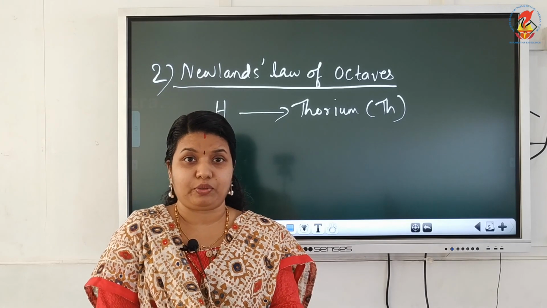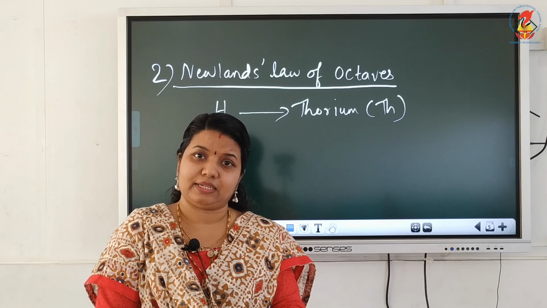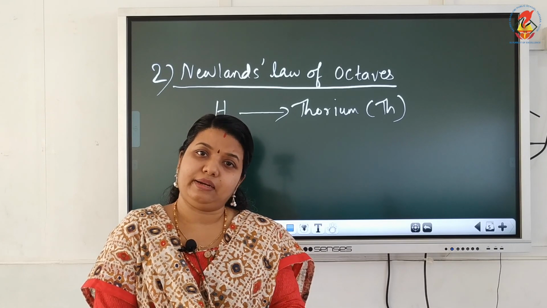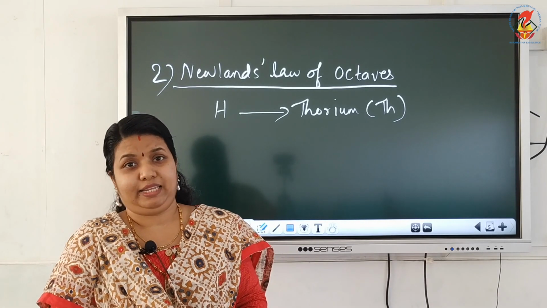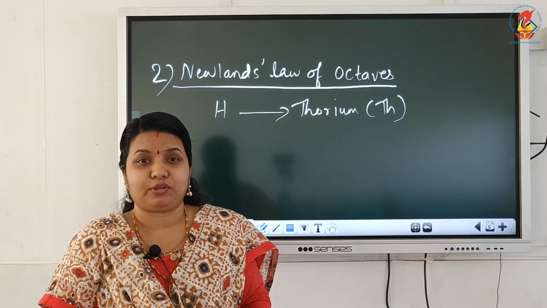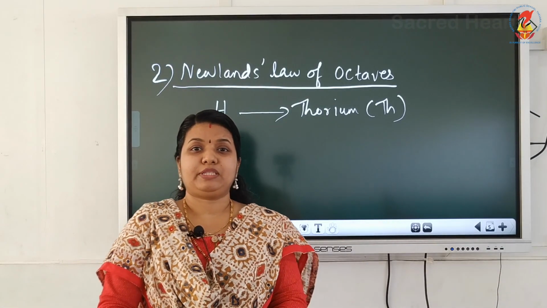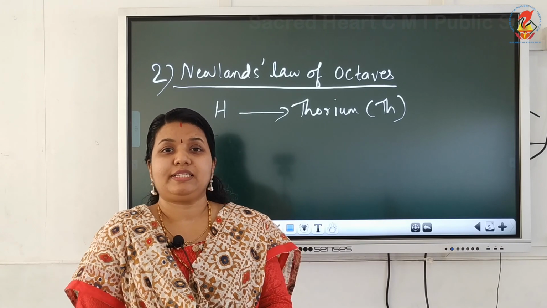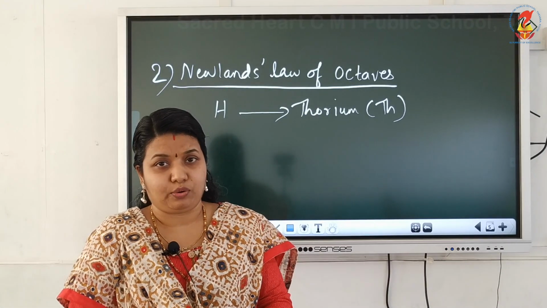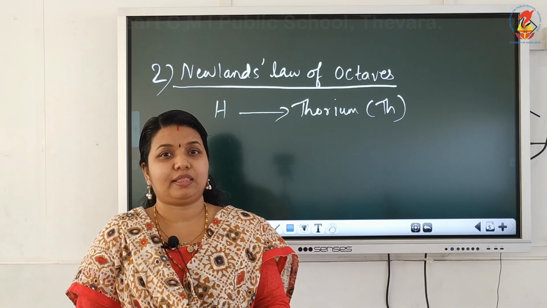But iron is placed far away from cobalt and nickel. So, this is the third drawback. In order to fit elements into his classification, Newlands adjusted two elements in the same slot, and also unlike elements were placed under the same note. That is the third defect.